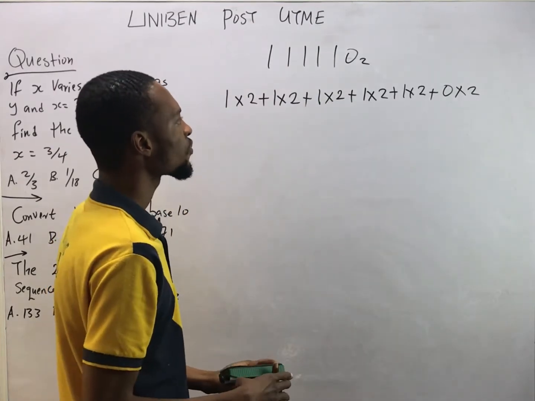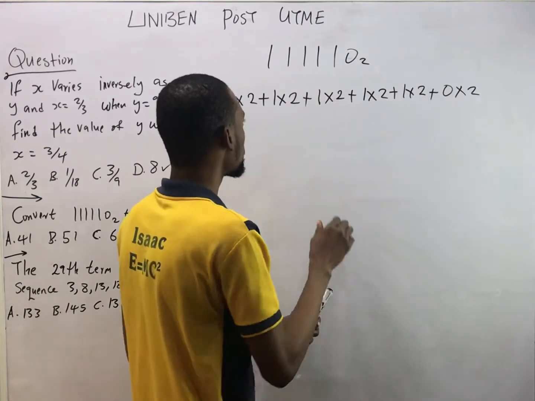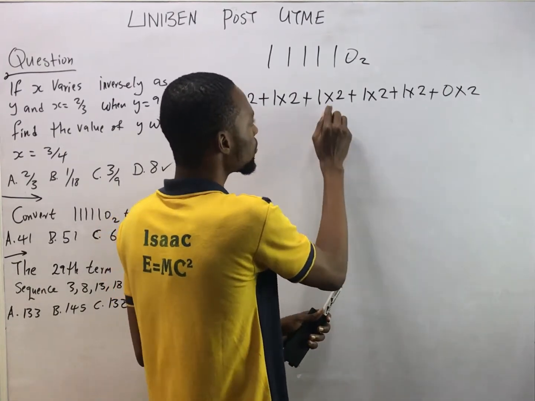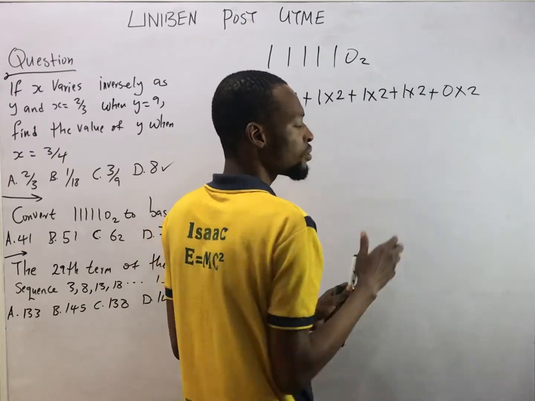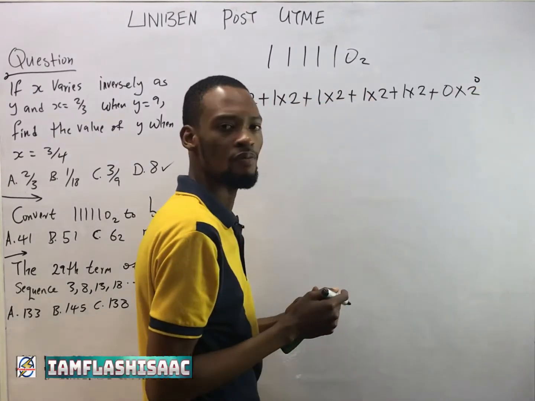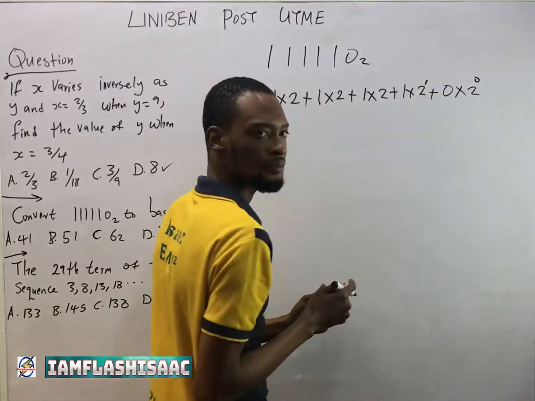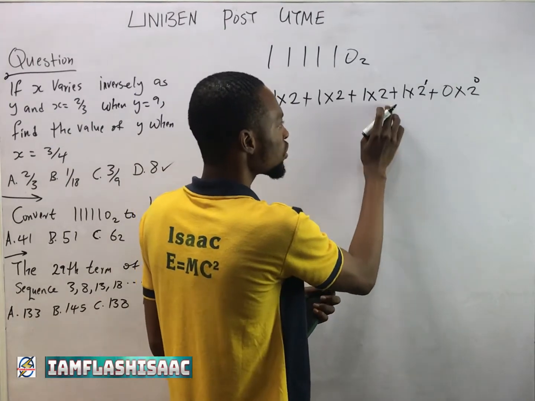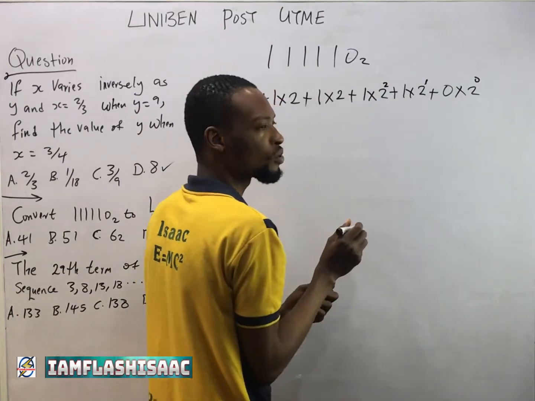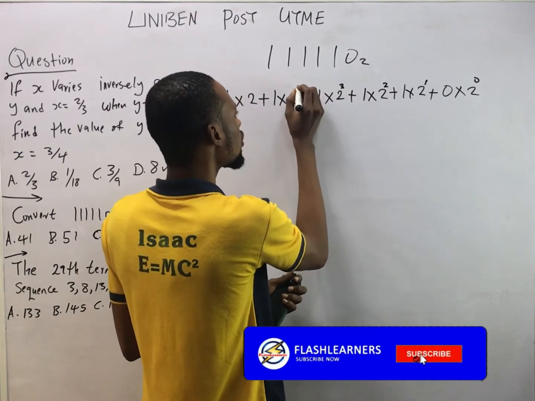After doing that, come to this last 2 that we are multiplying by. So starting from the last 2, come here, put 0. The next times 2 on top here, put 1. The next times 2 on top, put 2. The next, put 3. On top here, 4.